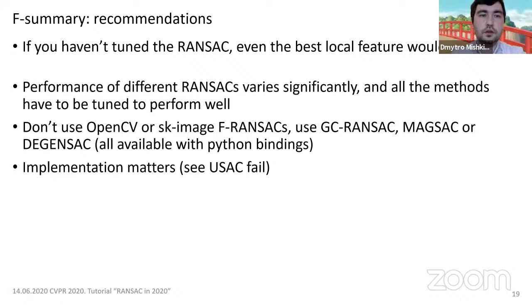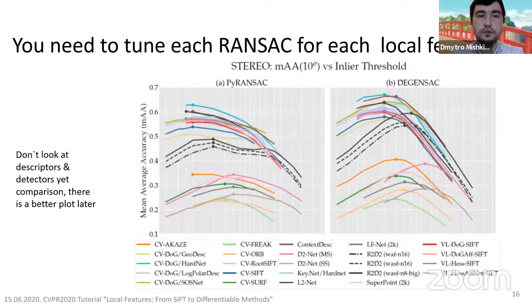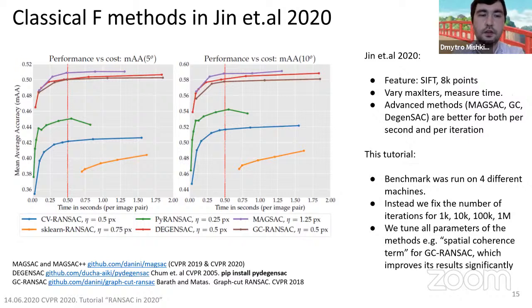So if you haven't tuned the RANSAC, you probably don't have good performance, and don't trust defaults. Even a tuned OpenCV RANSAC is bad for F, and its defaults are even worse.